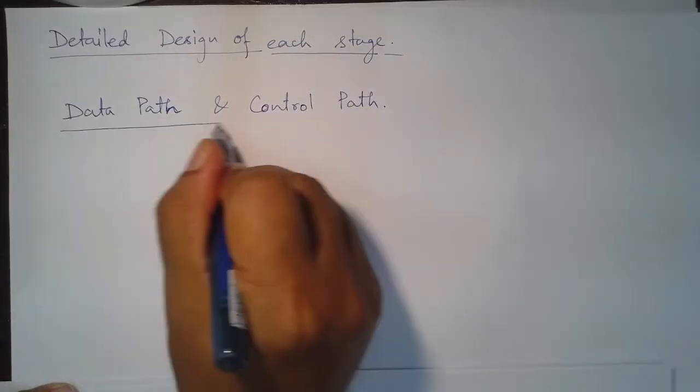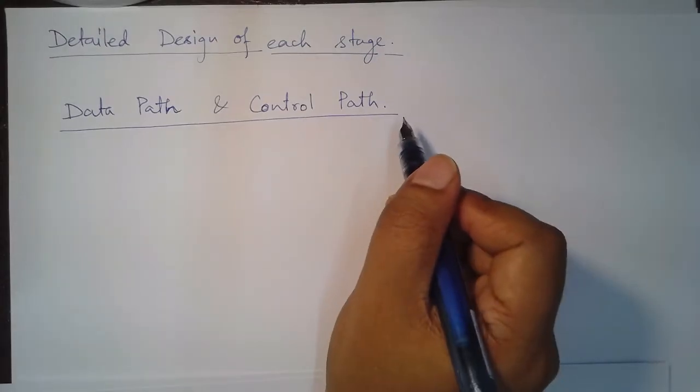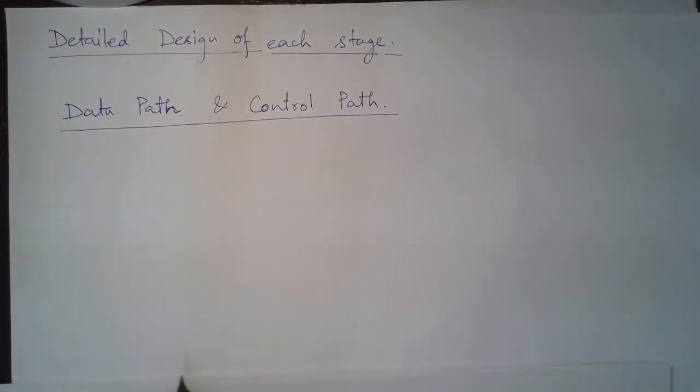So, data path and control path. A very loose analogy can be, let us say all the cars moving on the road are your data, all right.